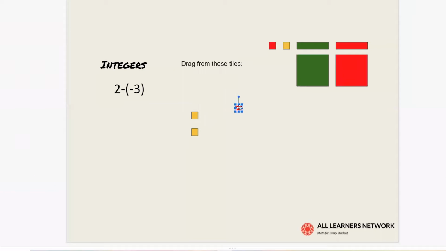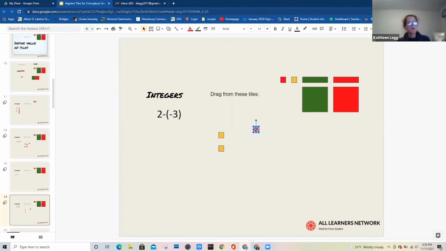I never have. I leave it open. And I say, wow, I only can put 2 on there because it says I have 2. Now I have to take away 3 negatives. What are we going to do? And the kids explain it to each other. I've never done this where they haven't come up with, put some 0 pairs on there.